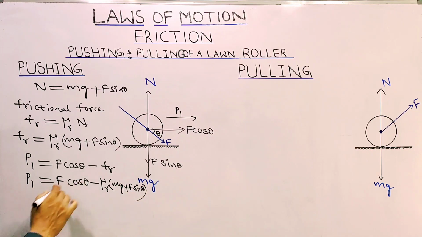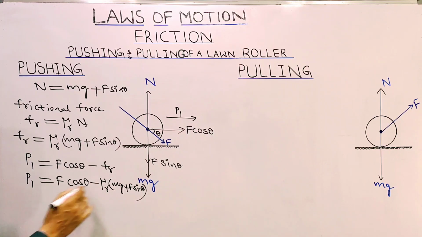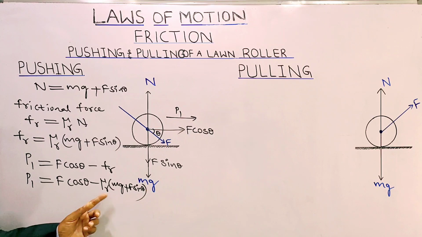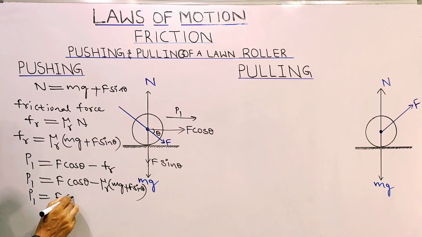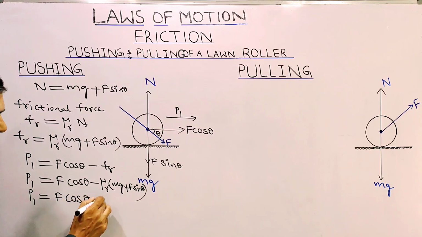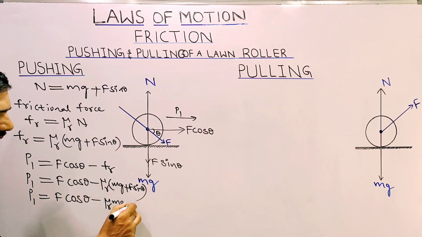Opening the bracket, P1 equals F cos theta minus mu r mg minus mu r F sin theta.